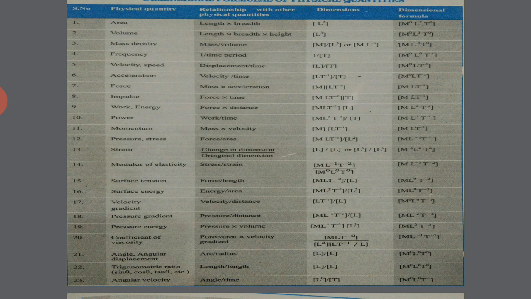Next is frequency, 1 upon time period, 1 by T. It is M0 L0 T minus 1. Finally, velocity and speed both have the same dimensional formula: L for displacement upon T, so it becomes M0 L T minus 1.